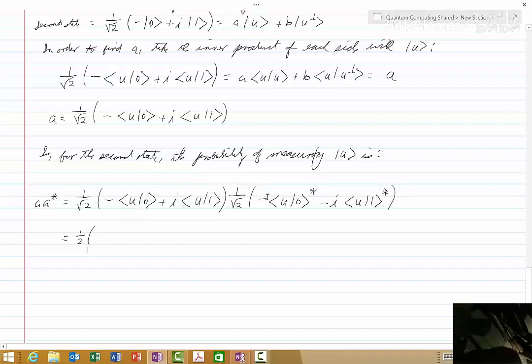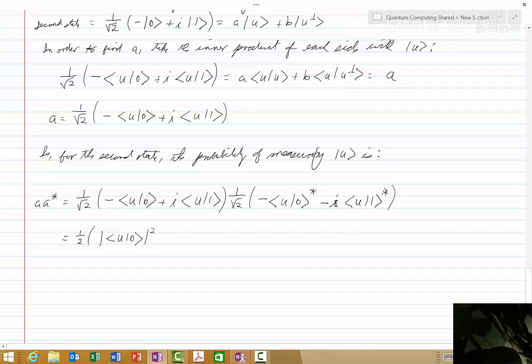If we multiply the first terms together, the negative sign times negative sign will give us a positive sign, and we will get the magnitude squared of U with 0. If we multiply the second terms together, notice we have I and minus I, which will give us minus I squared.